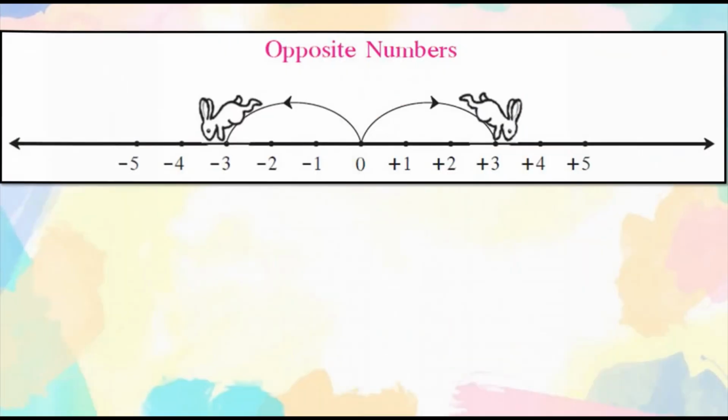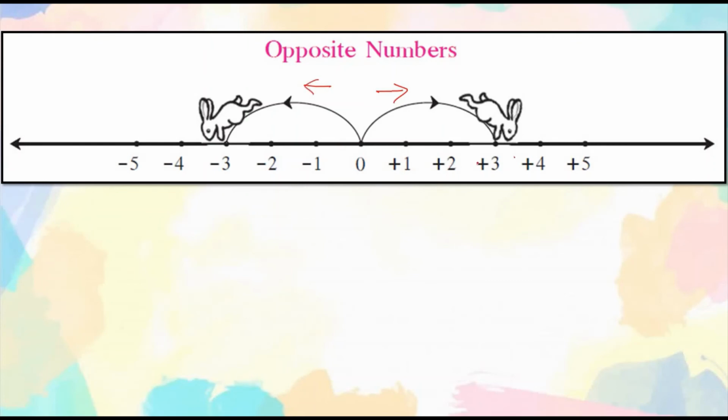Now after this, we are going to study opposite numbers. If you observe the number line, there is 0 at the center, which is the origin, and 0 is neither negative nor positive. We all know that. On the right hand side of 0 we have all the positive integers, and on the left hand side we have all the negative integers.